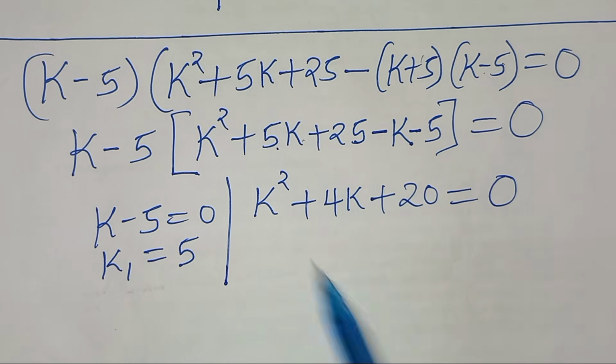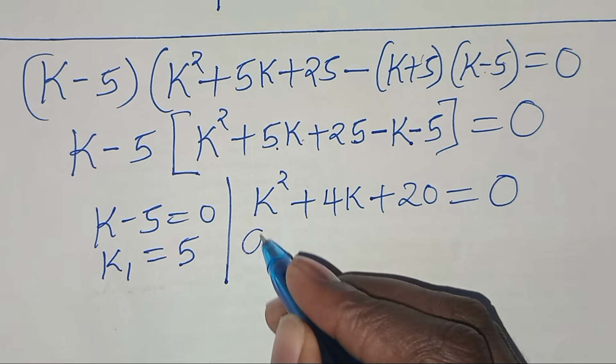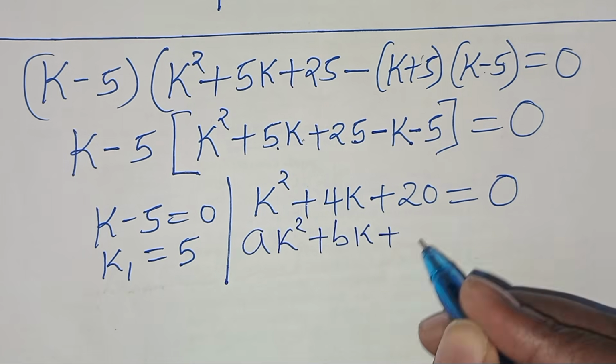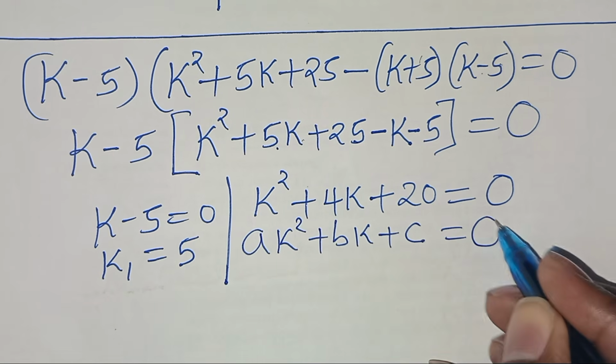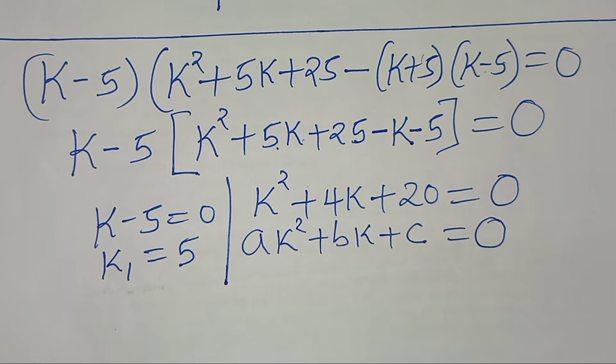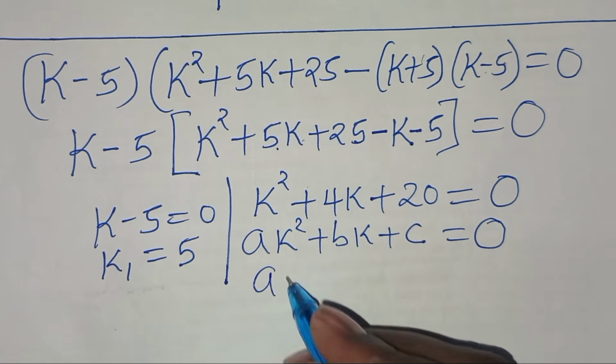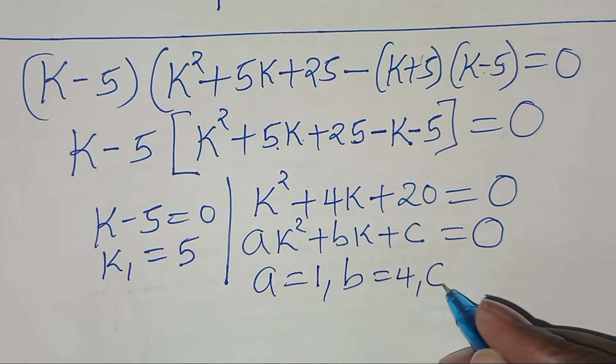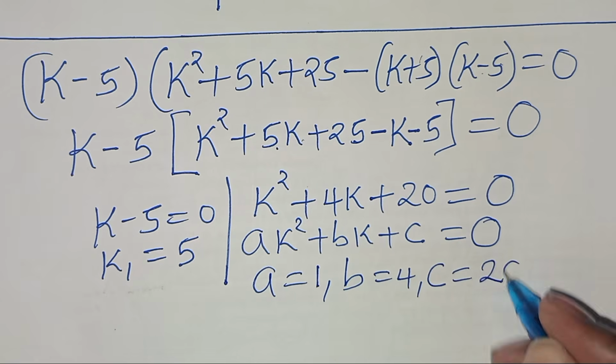Now this is a quadratic equation of the form ak squared plus bk plus c equal to 0. You find that a is equal to 1, b is equal to 4, and c is equal to 20.